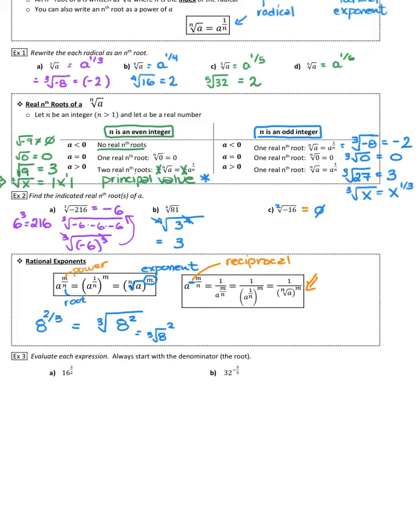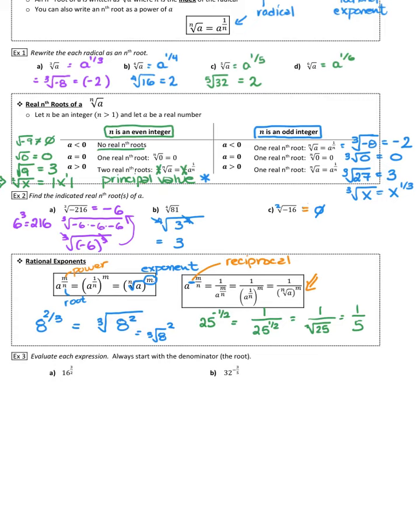So for instance, if I had 25 to the -1/2, that's the equivalent of 1 over 25 to the 1/2. That's what the negative means. And I could also write this as then the square root of 25 or 1/5. Okay? And again, notice we don't put that 2 there. It's our default. It's up to you whether you want to include it or not.